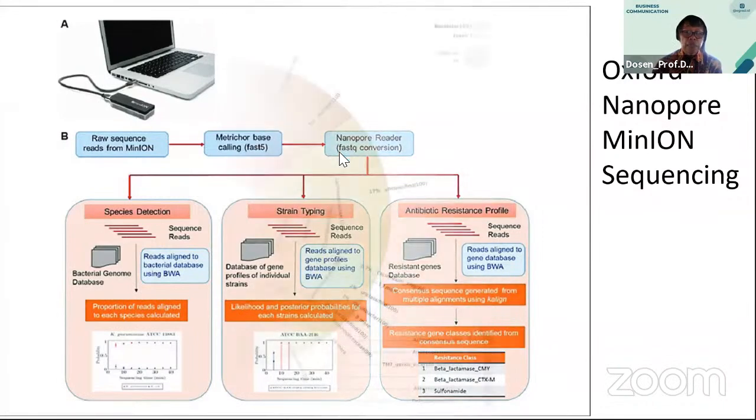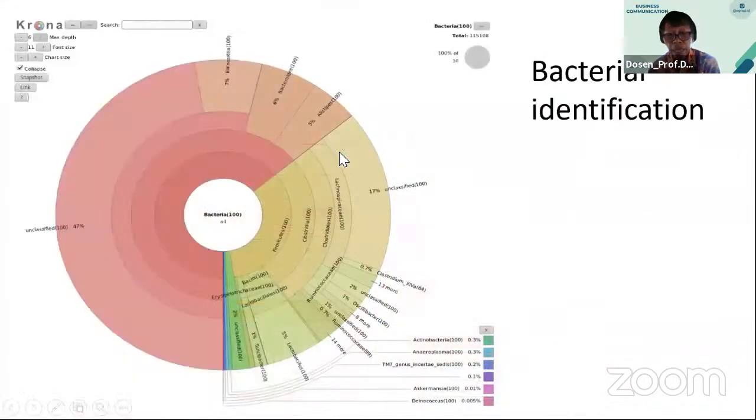Just as an example that I did before, we can identify bacteria from the genus until the subspecies using the MinION sequencer for bacterial identification.